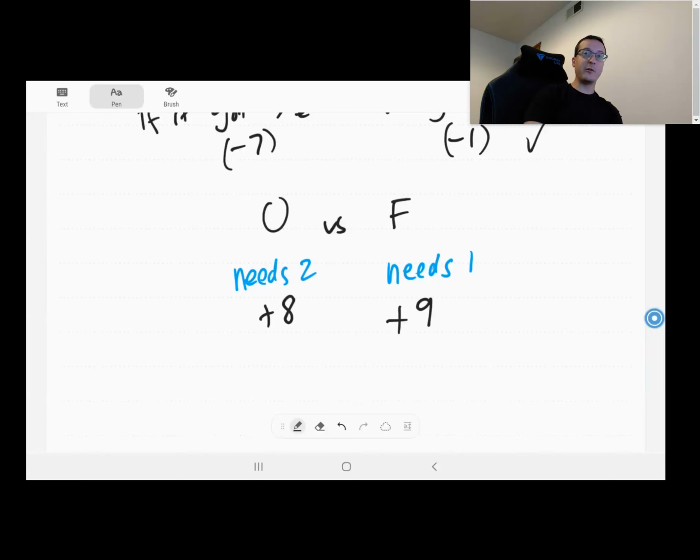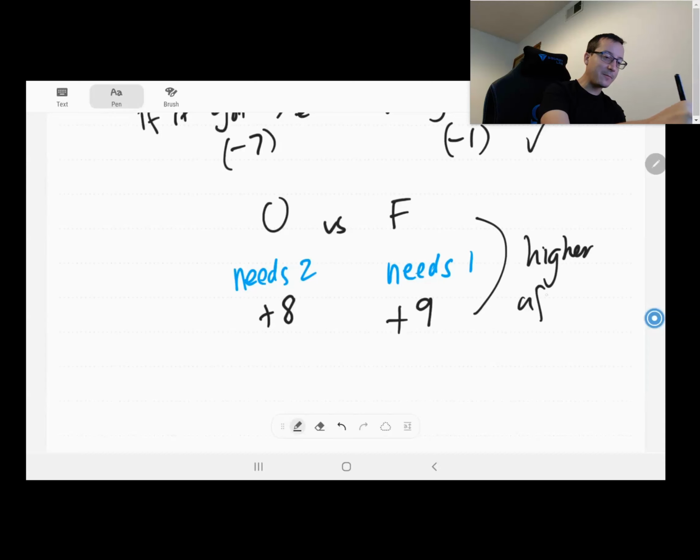Yeah, it's going to go to fluorine, not only because fluorine has the higher charge in its nucleus, more positive is more attractive, but it also only needs 1 to be stable. And so it's going to kind of be a win-win this way for the electron to go there. So we're going to say that fluorine, again, has higher electron affinity.